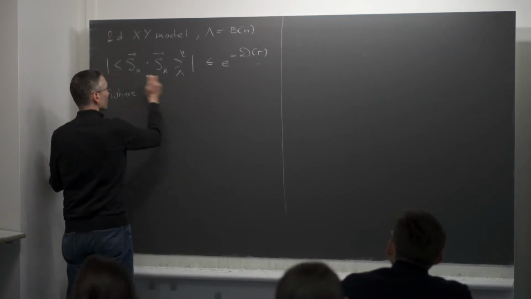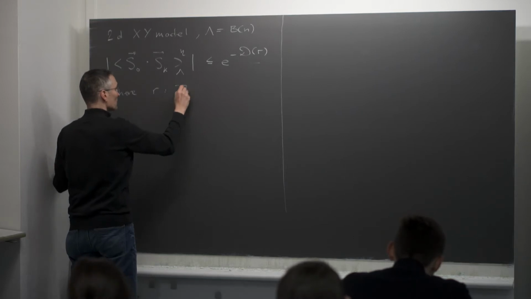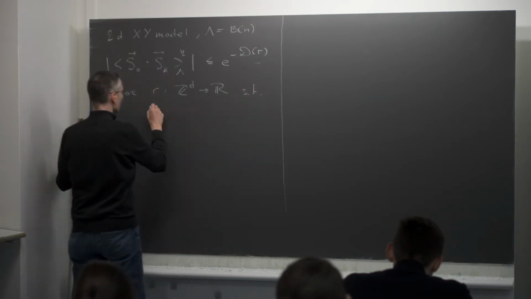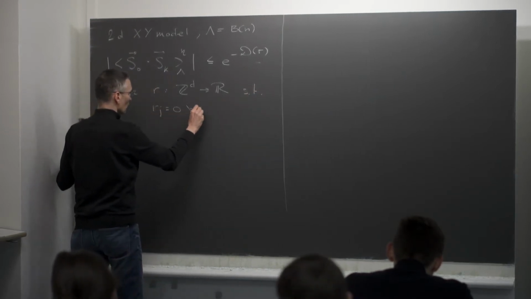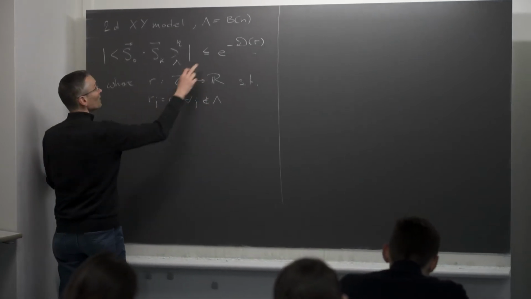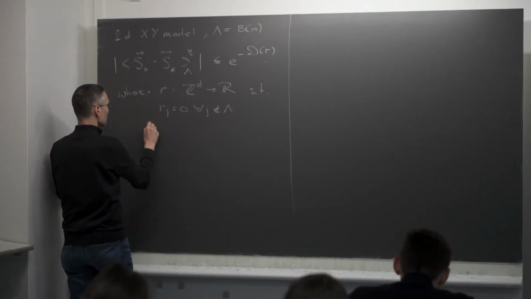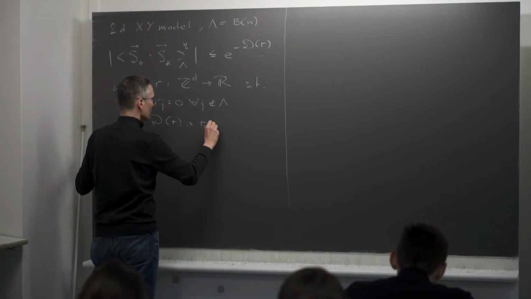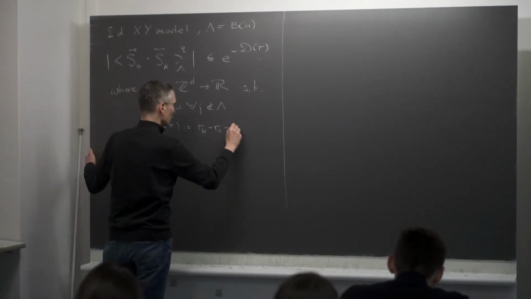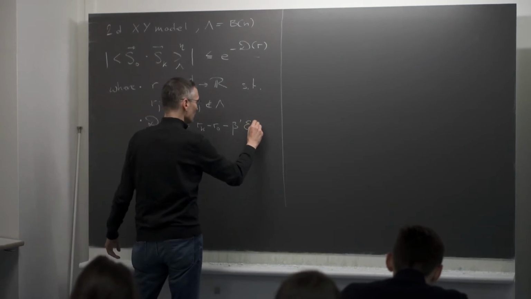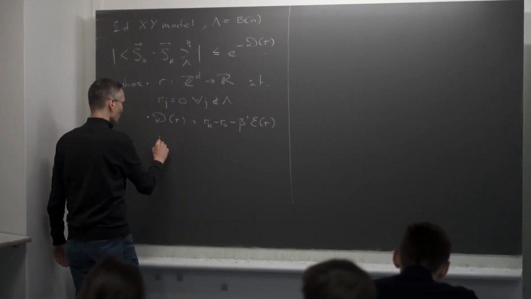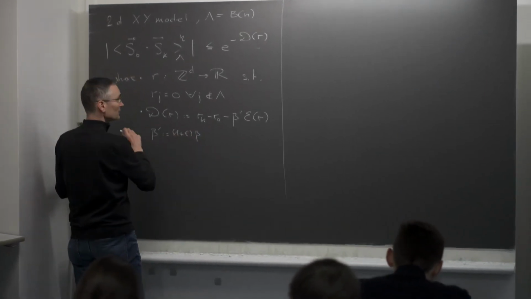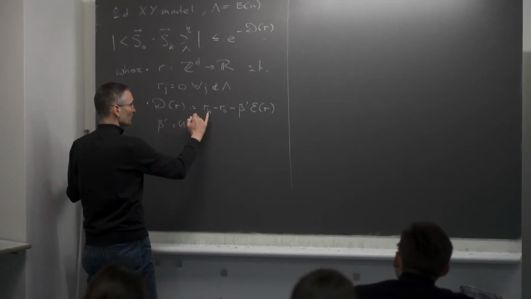Okay, maybe let me first say what R is. So R is a function from Z^d to R such that Rj is equal to 0 for all j not in the box. And then this function d of r was defined as Rk minus R naught minus beta prime and the Dirichlet energy of R. So beta prime was just 1 plus epsilon beta, and for some fixed epsilon that won't matter.